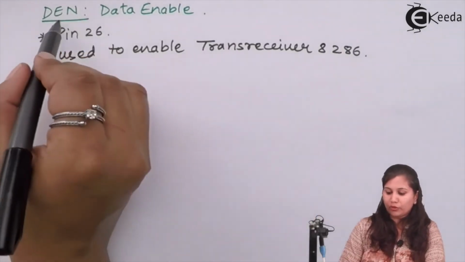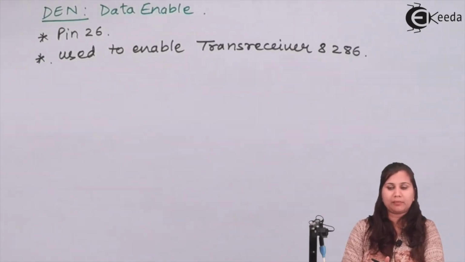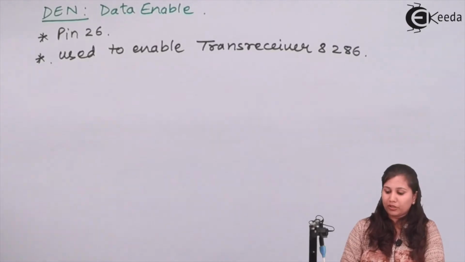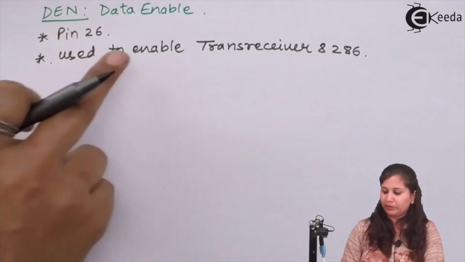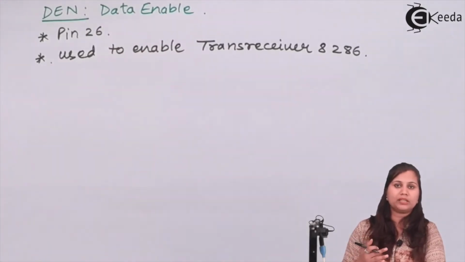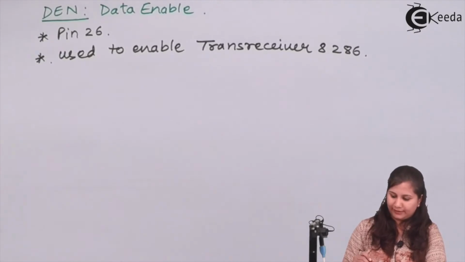So whenever we want to transfer or receive the data from the 8086 microprocessor, this data enable signal is used, because it is going to enable the 8286 trans receiver, which is acting between the 8086 processor and the input output devices.